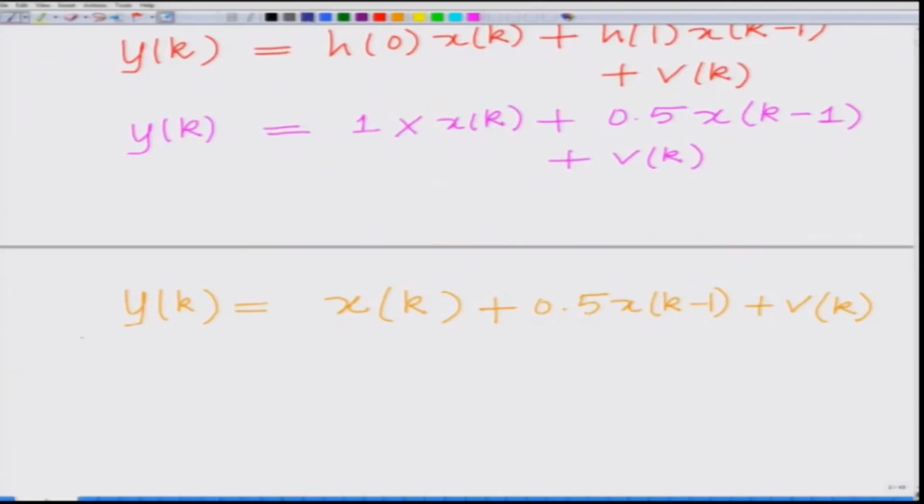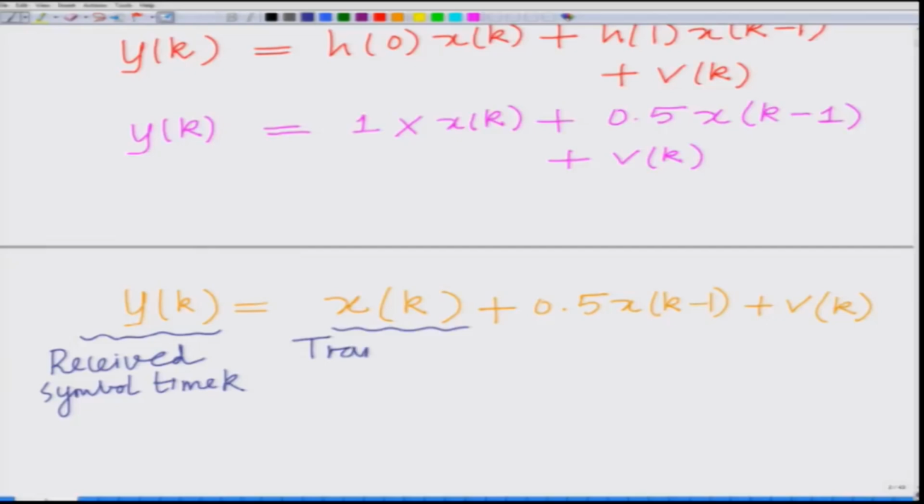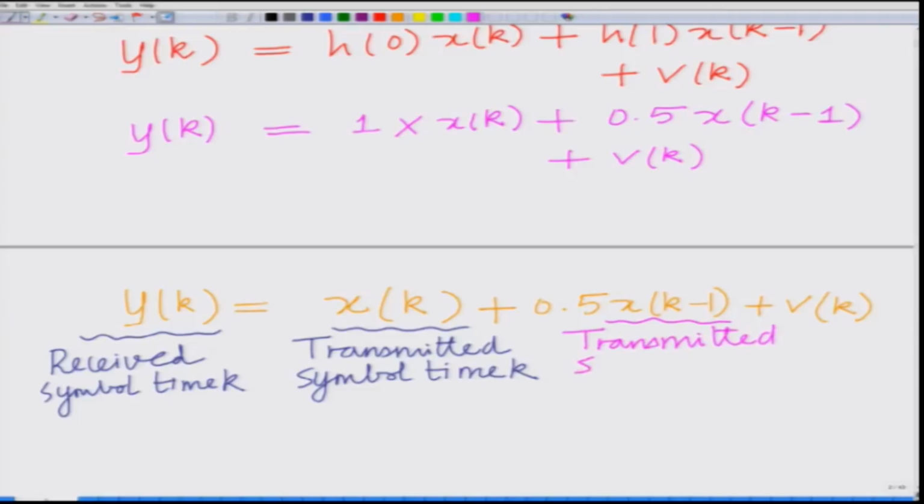Let me just rewrite those: Yk is the received symbol, Xk is the transmitted symbol, Xk minus 1 is the transmitted symbol at time k minus 1, and Vk is the noise.